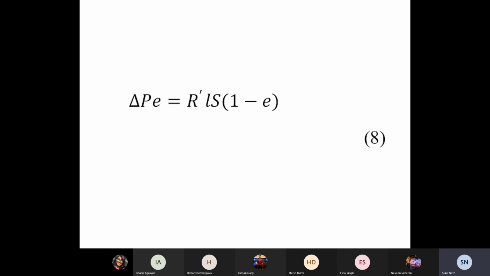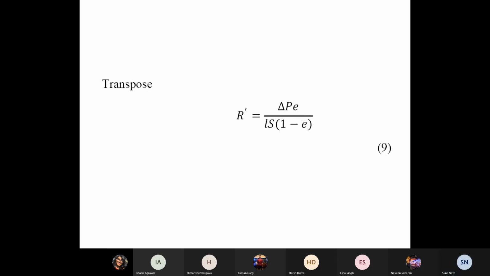Now, if I want a correlation for the drag force, I can transpose this and find an expression for R prime, which is just delta P into E, whole thing divided through by S into L into 1 minus E. That's your equation 9 on screen.